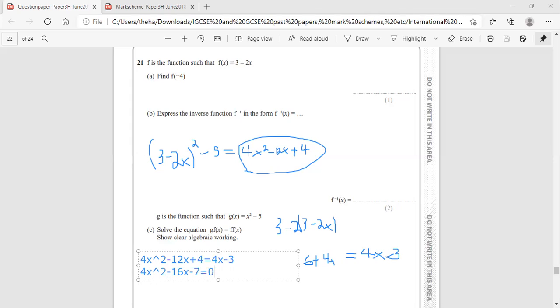So now we've just got a normal quadratic. And using the quadratic formula, I've already shown you how to do this in this lesson. So I'm just going to give you the answers here. So we're going to have x equals -0.5, and then we've got x equals 3.5. So you just need to put these, this is A, this is B, this is C, into the quadratic formula, and then you'll get these two answers. And that is the final answer for that.